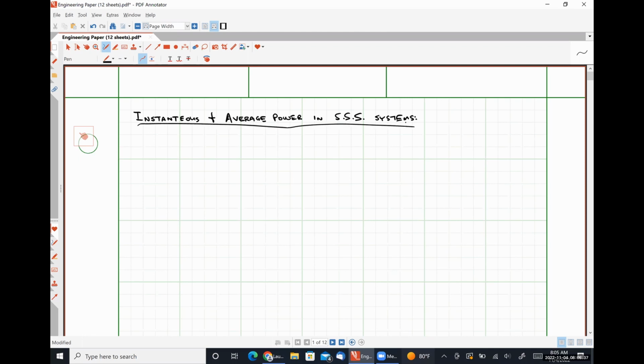So let's consider a source. It does not particularly matter if it is a current or voltage source connected to everybody's favorite generic element, the linear black box network.